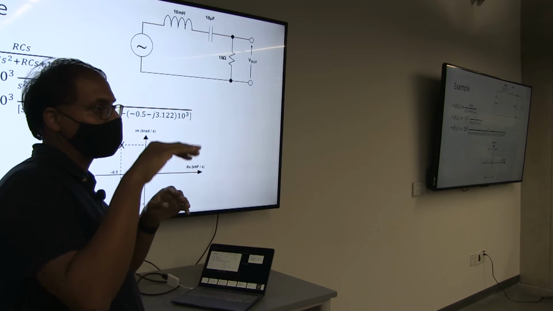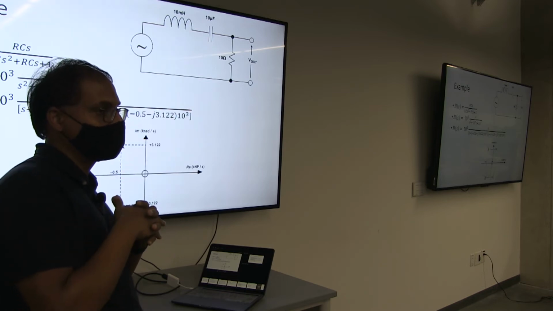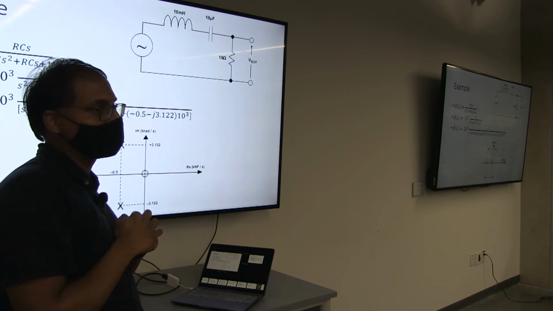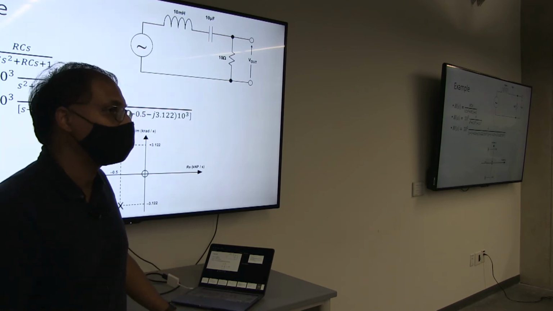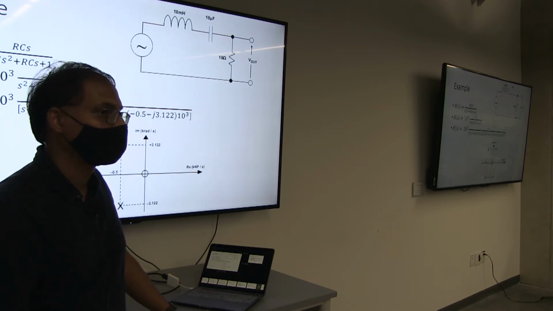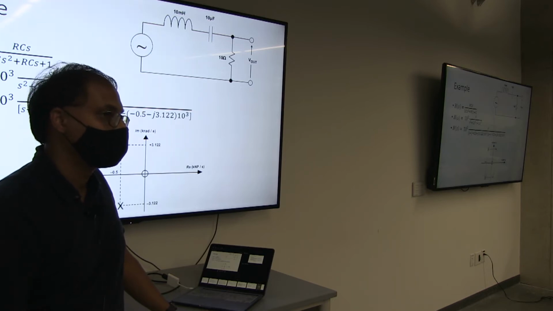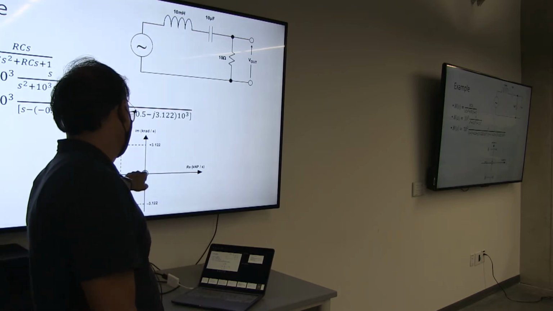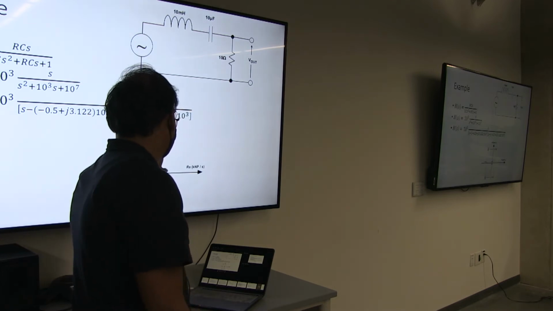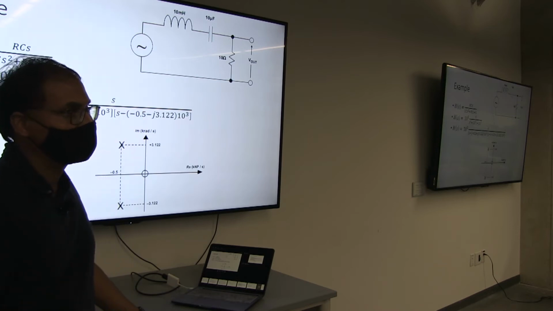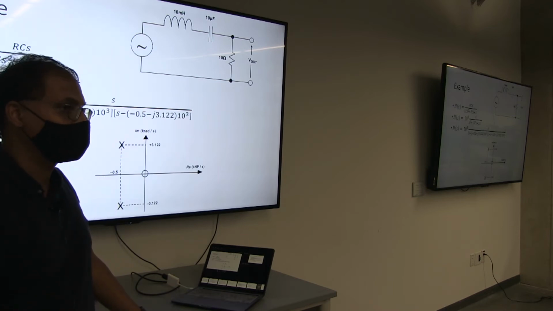So we will not have a flat band response, we will have some attenuation in the response. We will never get 0 dB attenuation in this filter. So here we have the omega axis, so it is 3.122. That is the frequency at which we have the poles.